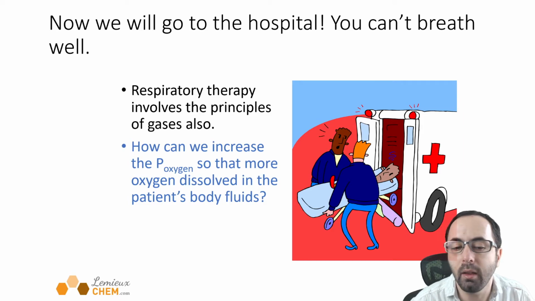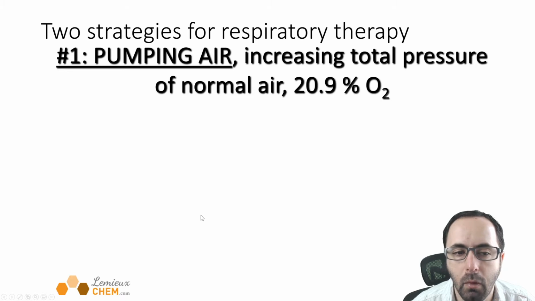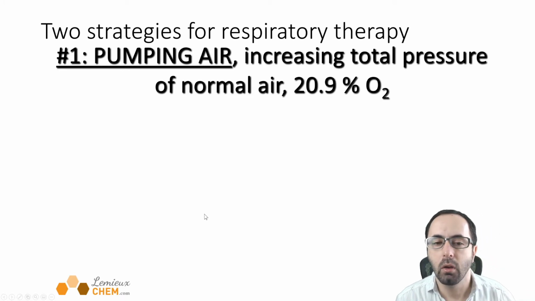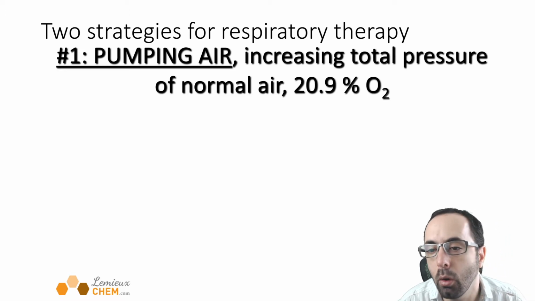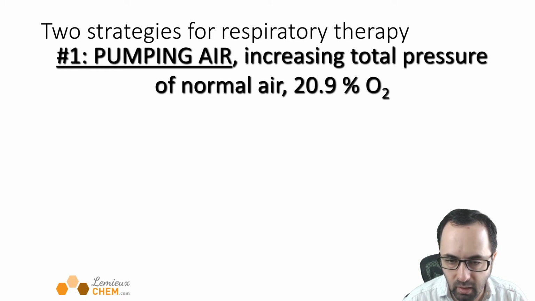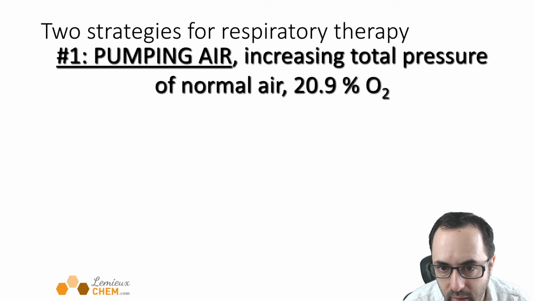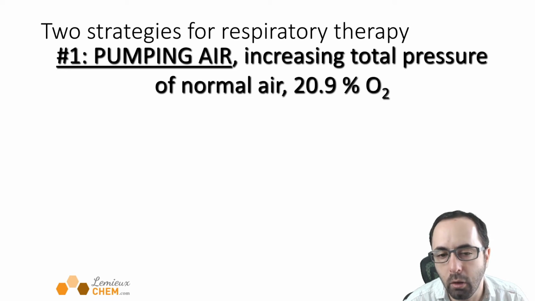And there are two ways that we can increase the partial pressure of oxygen. Number one, we could pump them air with a higher total pressure. So if we increase the total pressure of air that they are receiving, they will have a higher partial pressure of oxygen, and thus more oxygen will dissolve in their blood. The way we do this generally, if someone has stopped breathing, is we perform rescue breathing.